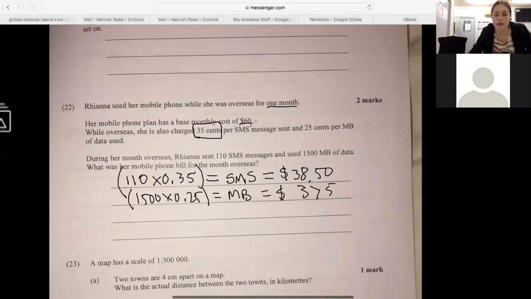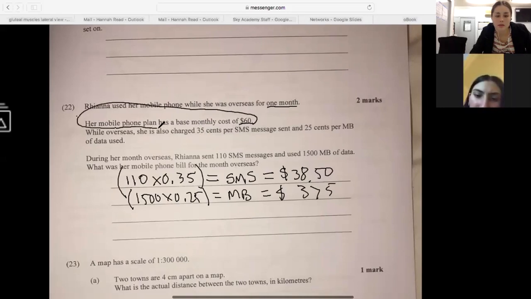Yeah. And just remember this part here. She has a base monthly cost. Oh, of $60, yeah. So $60 is fixed, and then plus the other stuff.